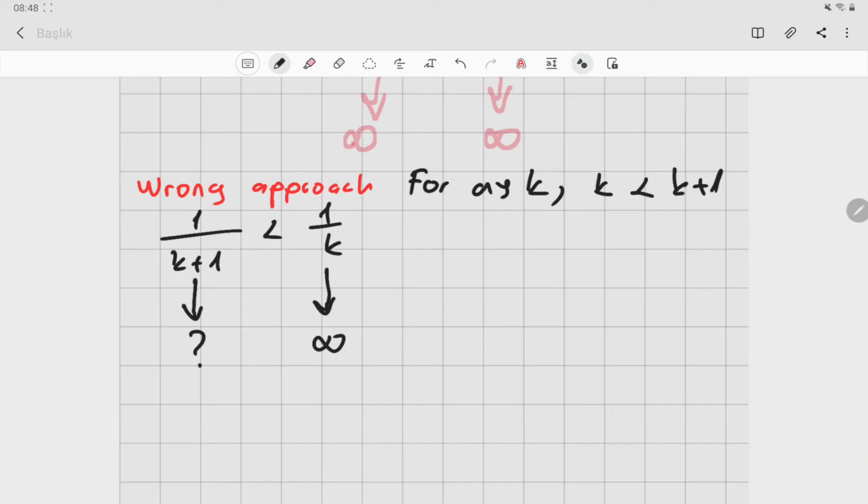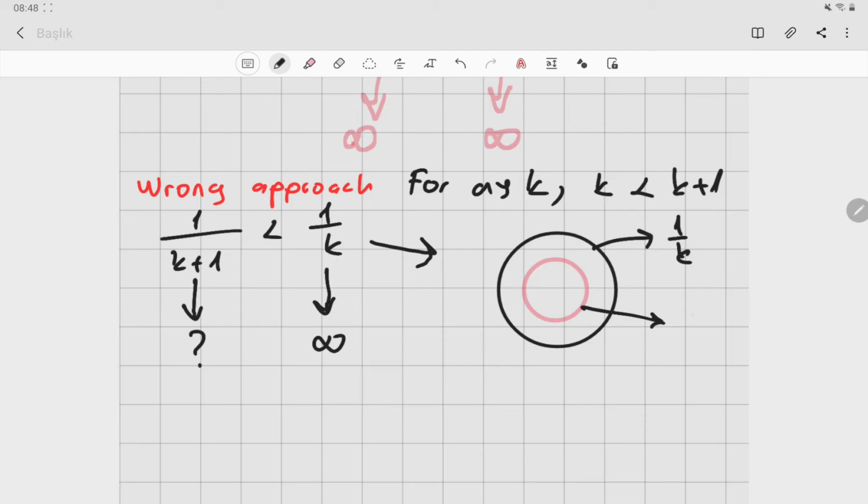Let me write here why. For this situation, here is the big part 1 over k, and here is the small part 1 over k plus 1.